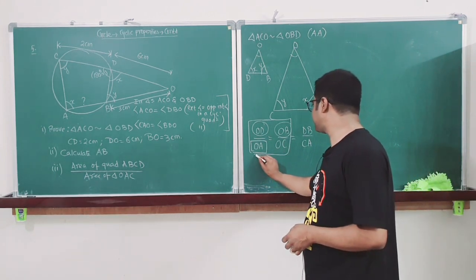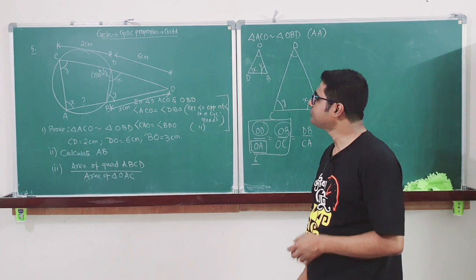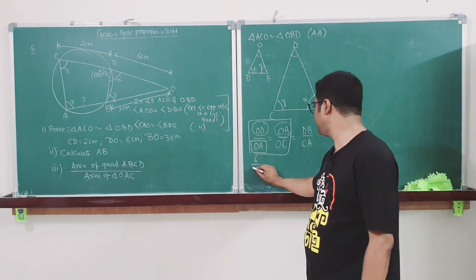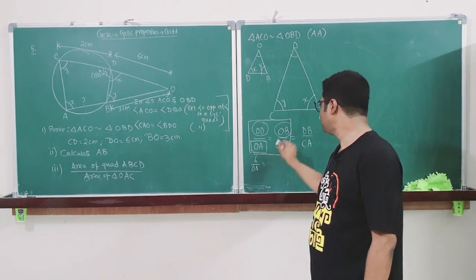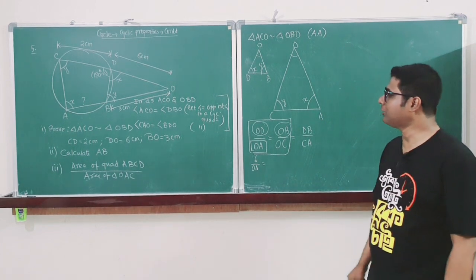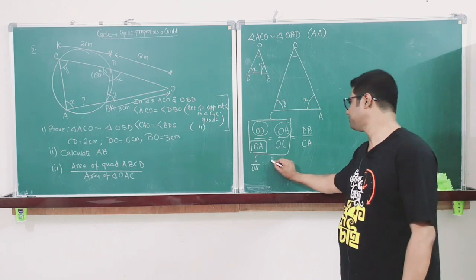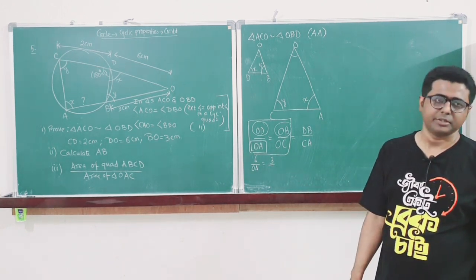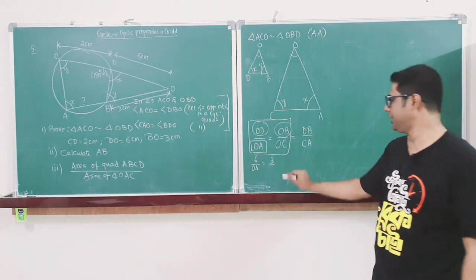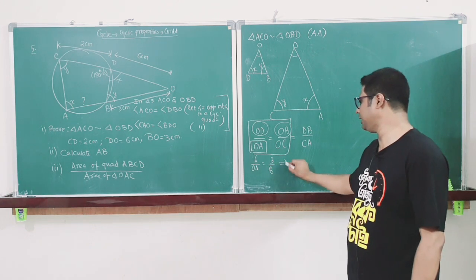Next is OD. OD is 6. OA is not known, so I will write OA. OB is how much? OB 3 centimeter. OC 8 centimeter. So from here can I calculate OA?